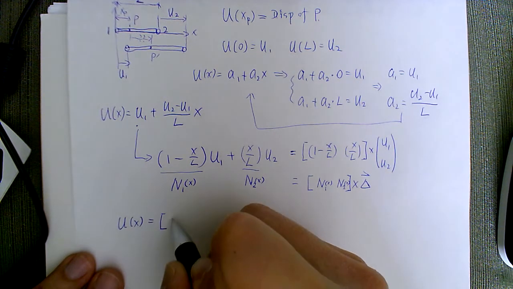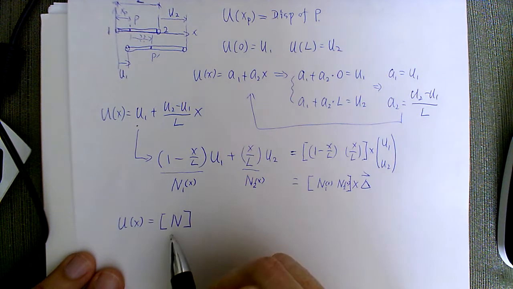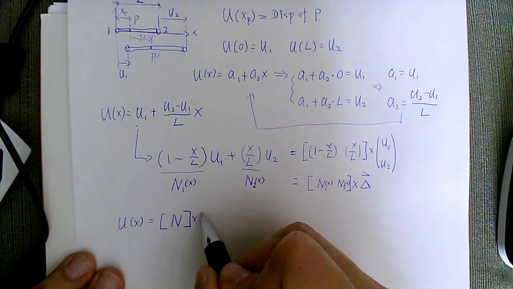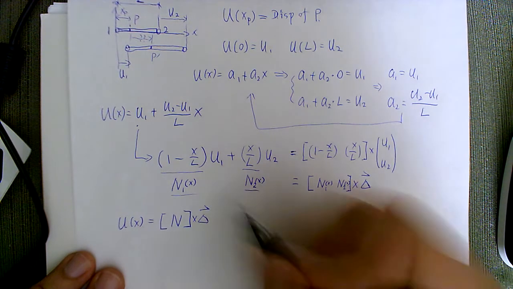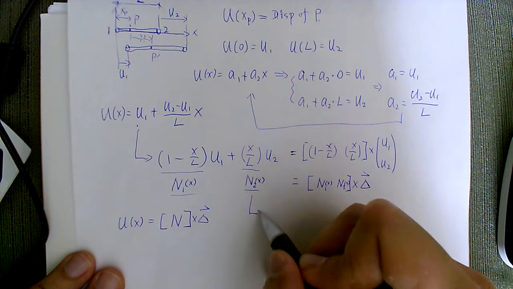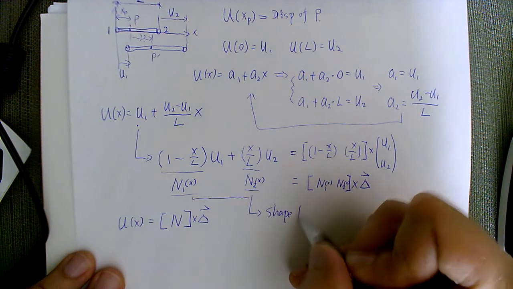It becomes an N vector, which contains a lot of n functions, then times your delta. That's it. And then those n functions, they were called shape functions.